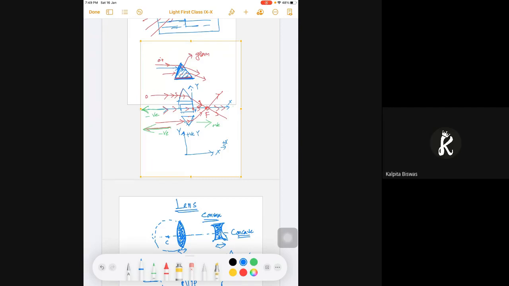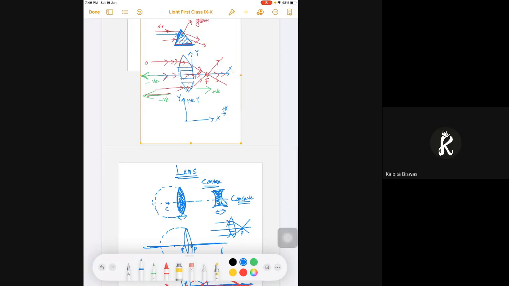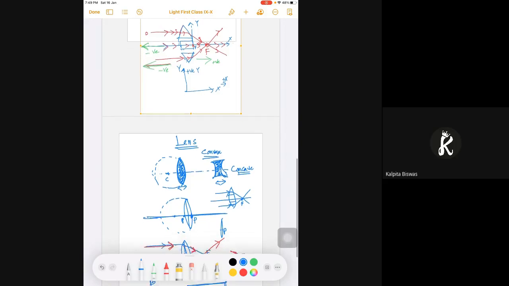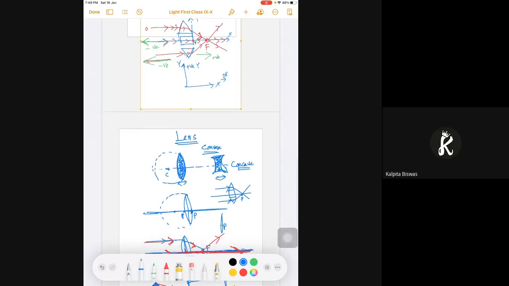So this is kind of the same thing what we have discussed last time. And from there, we are coming to our concept of lenses. So a lens is nothing but a particular portion of a spherical glass. If you consider a glass sphere, and if you cut a part of the glass sphere, what you get is this kind of shape what we have drawn last time.